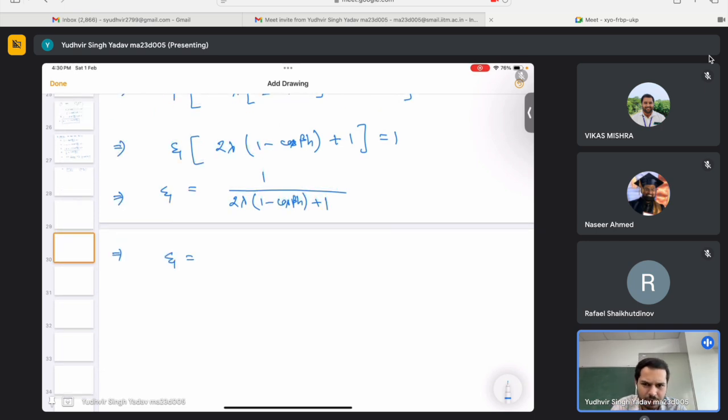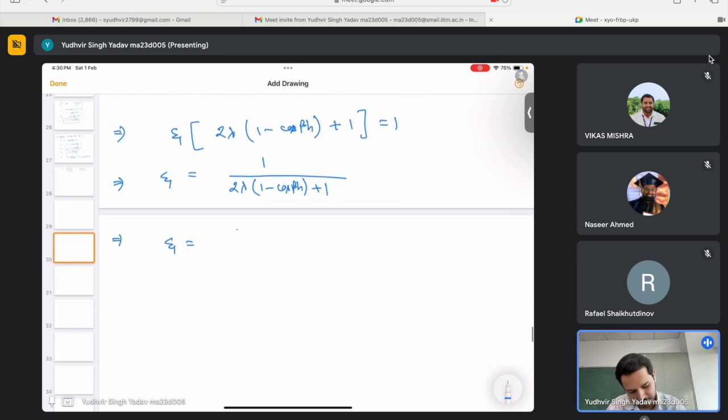So we'll simplify it further up to the sine function. After we substitute 1 minus cos beta h as already termed as a sine function, it will become 4 lambda times sine square beta h by 2 plus 1.